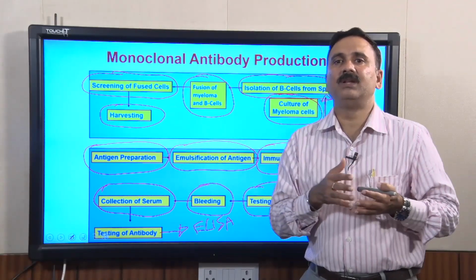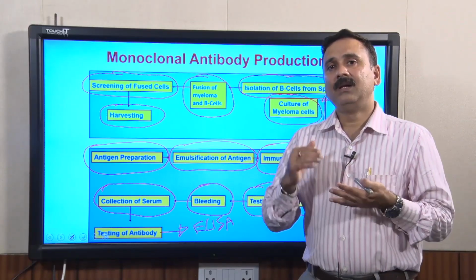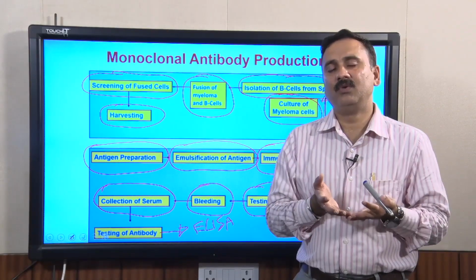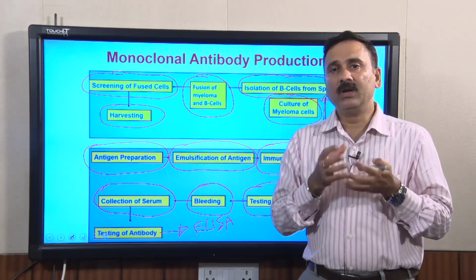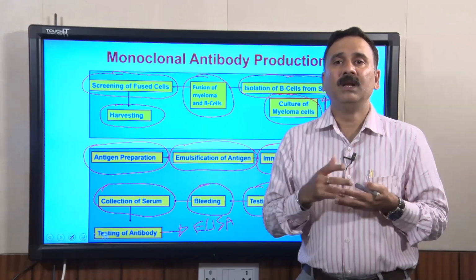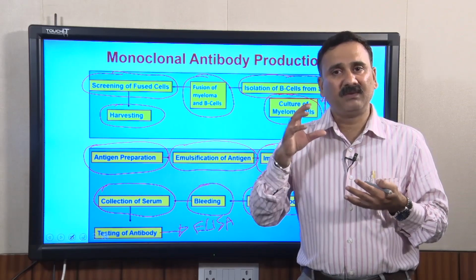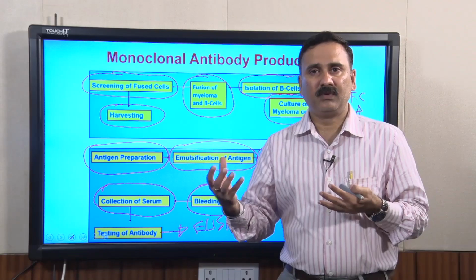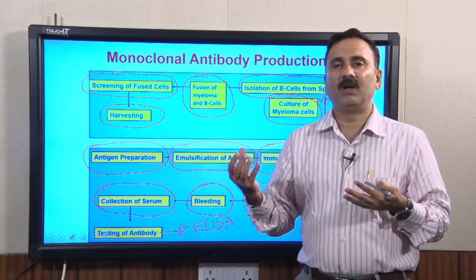The HAT media is going to kill all the cells which are not fused, and once that happens, you are going to get the selected pool of hybridoma cells. This selected pool of hybridoma cells can be used for further screening to identify the specific clones which are actually expressing your monoclonal antibodies, and then you can use those clones for harvesting the antibodies.